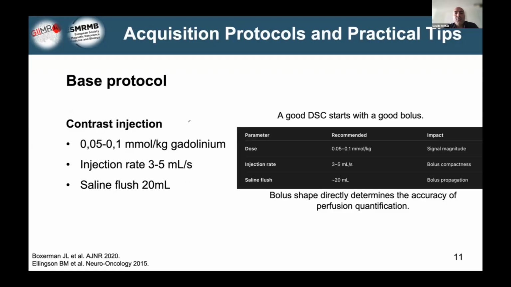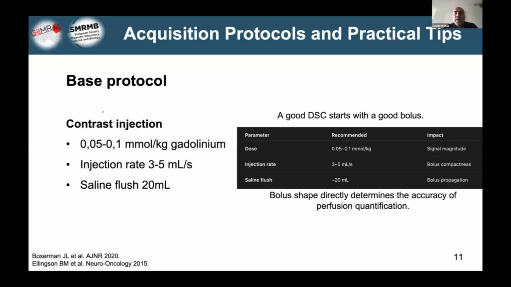Contrast administration is a critical component as the entire technique depends on the accurate detection of the first pass bolus. Typically, we use a gadolinium-based contrast agent dose between 0.05 and 0.1 millimole per kilogram. The injection rate is equally important, usually between 3 and 5 milliliters per second, and we focus here on the higher values.